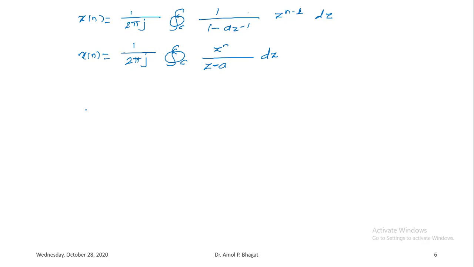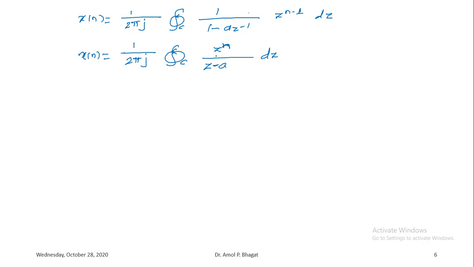But here, if you consider this term, z to the power n whole upon z minus a, in this case n can be negative or it can be positive. If n is negative, it will have two poles.